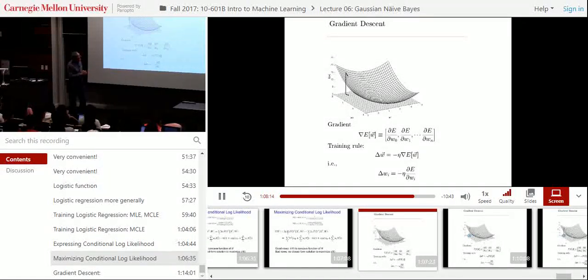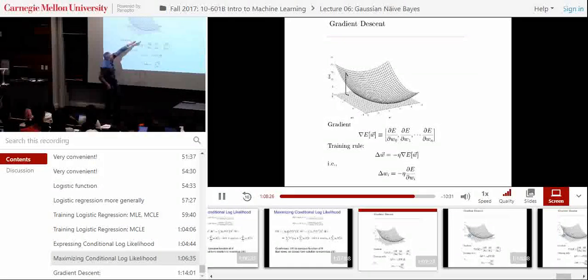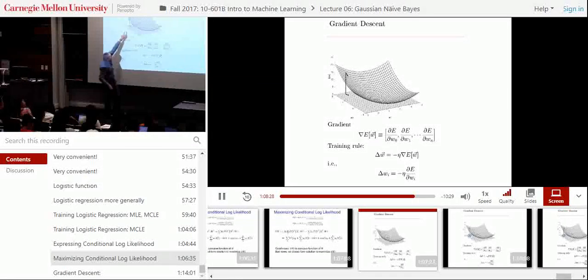And so if I want to minimize the negative of the conditional log likelihood, or maximize the non-negated one, but here I'm plotting down as good, so let's say the negated likelihood, then the idea of gradient descent is very simple. It's this.